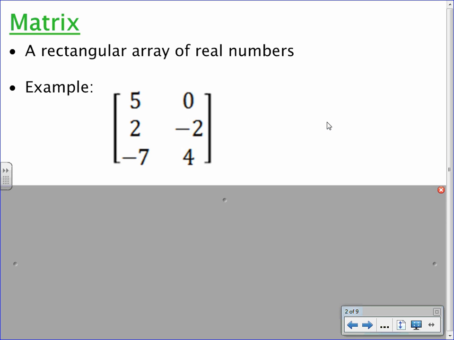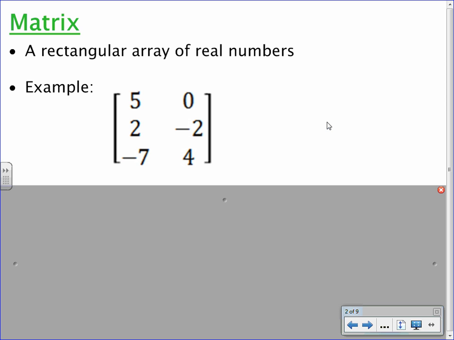It looks something like this. We have these numbers organized rectangularly, kind of like a table, but without the other lines.